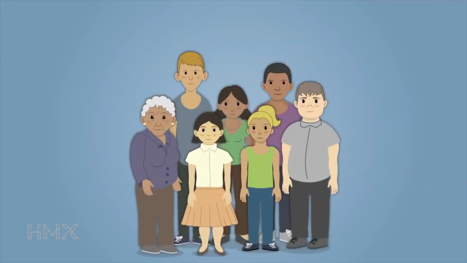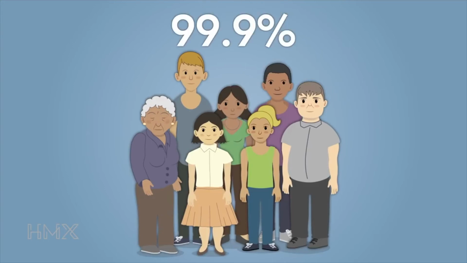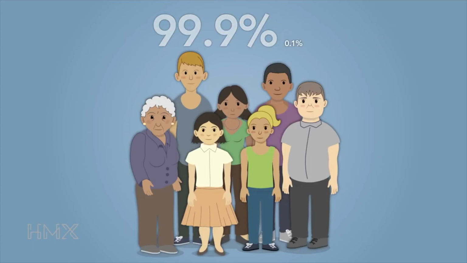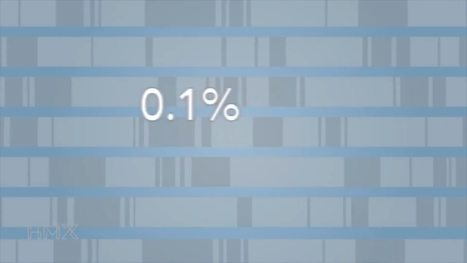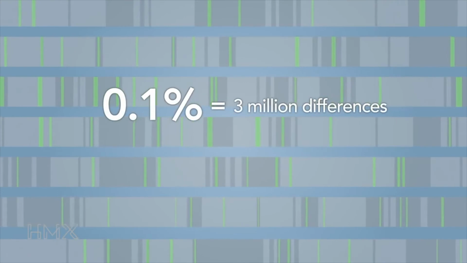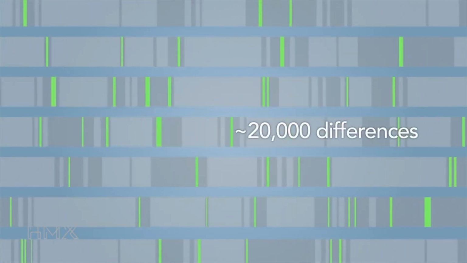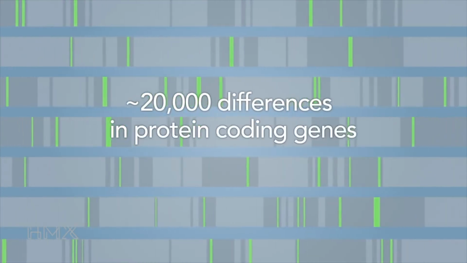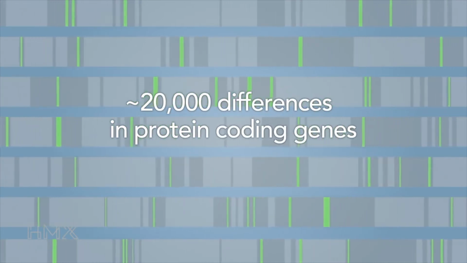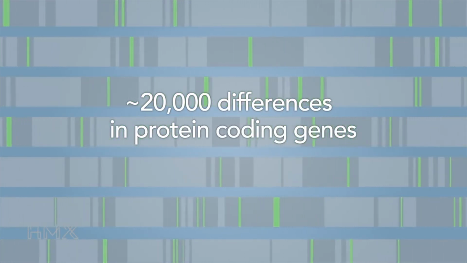So to return to the original question, how is it possible for all of human diversity to exist when we are 99.9% genetically similar? It is important to remember that the 0.1% of DNA that varies, on average, between each of us actually corresponds to about 3 million differences across the genome, with 20,000 of them, on average, falling into protein-coding genes. Although that equals approximately 1 difference per gene, in reality, these differences are not evenly distributed across the coding regions.